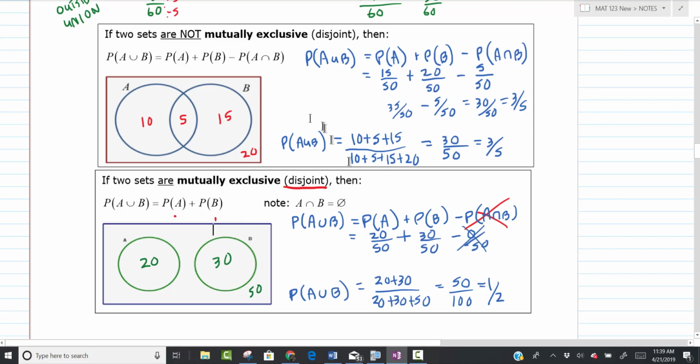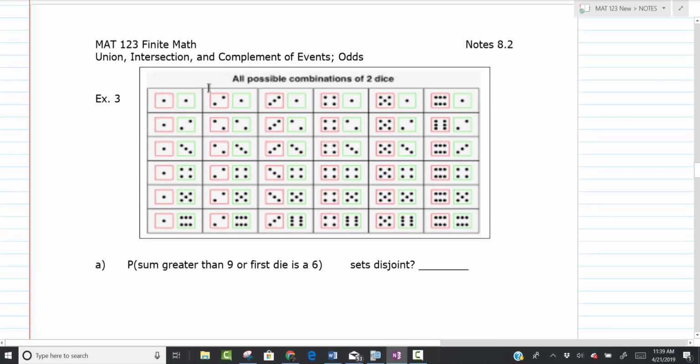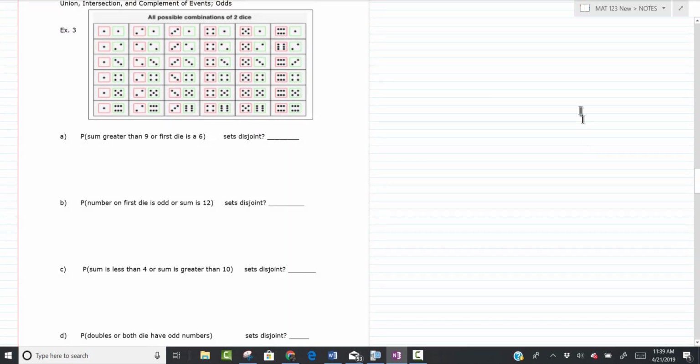So to be safe, you could always use this formula. Mutually exclusive is just kind of a special thing that can happen. All right, on the next page, go back to the cards, and not cards, dice. These would be called dice, teacher. So we're going to look at some basic events on this, mostly some OR probabilities.